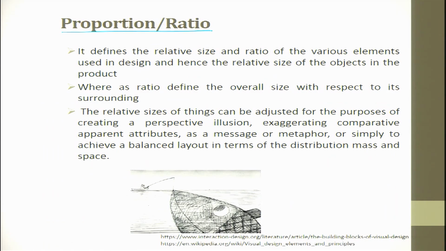Now, ratios and proportions define the relative size and the ratio of various elements used in design, and hence the relative size of the object in the product. So, here they talk about the relative sizes and the ratio of the various elements. Look at it, you have a fish which is extremely large.